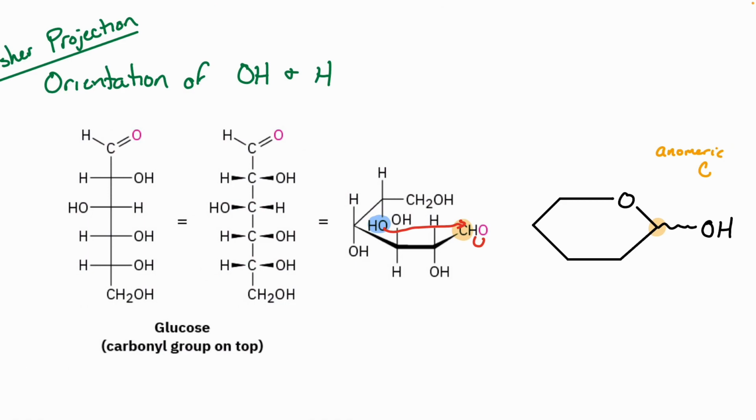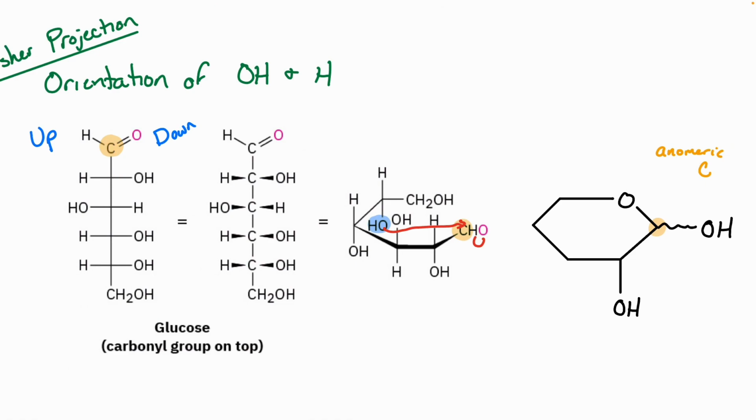What we're going to see is that all the OH groups that are on the left-hand side, they're going to be pointed up when my ring closes. And all the OH groups that are on this side are going to be pointed down when my ring closes. So, okay, so we got this carbon. We said we don't know what the OH group is there. But if we move on to the next one, that means that this carbon over here is going to have its OH group pointed down.